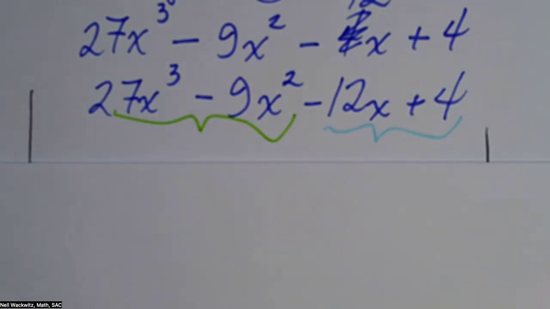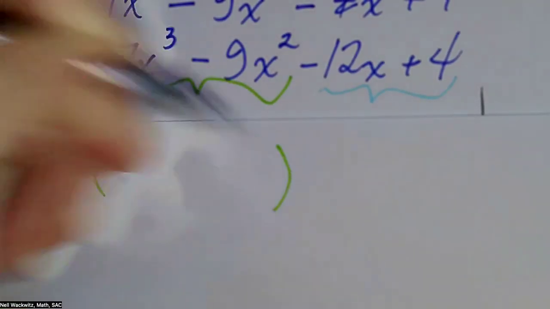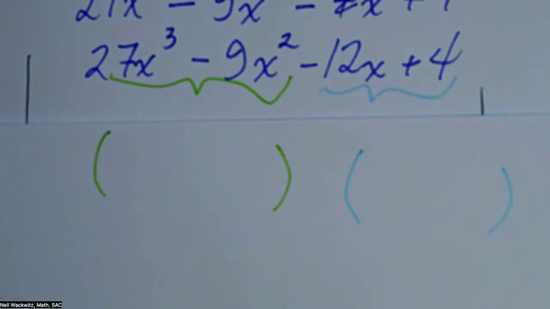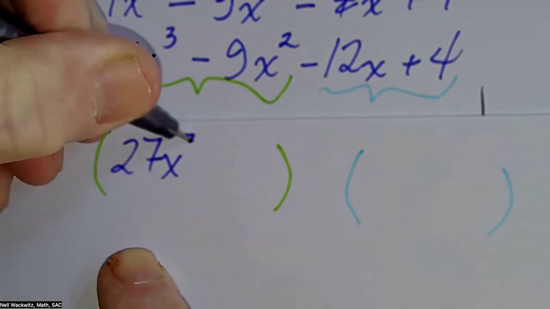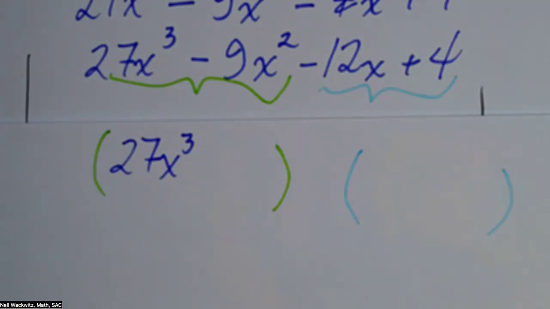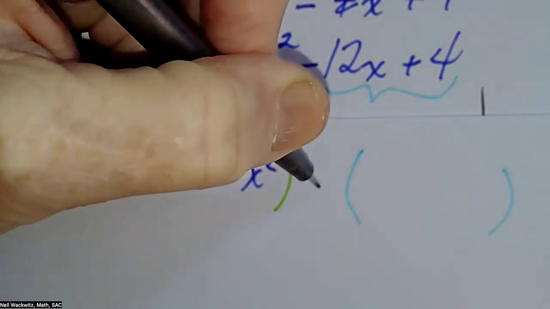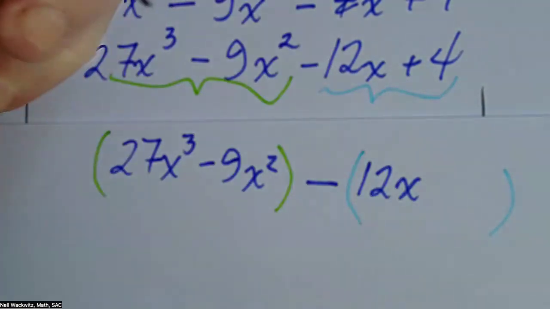Well, let's put in these grouping symbols. We've got 27x cubed minus 9x squared, and then minus the group 12x.